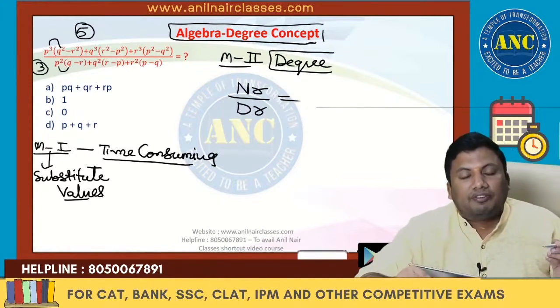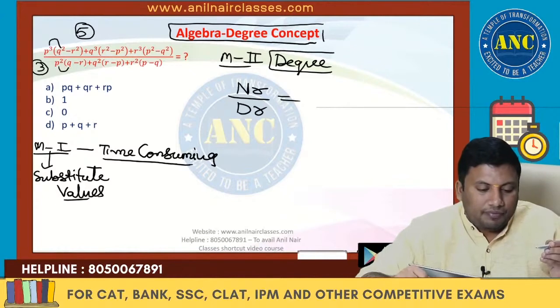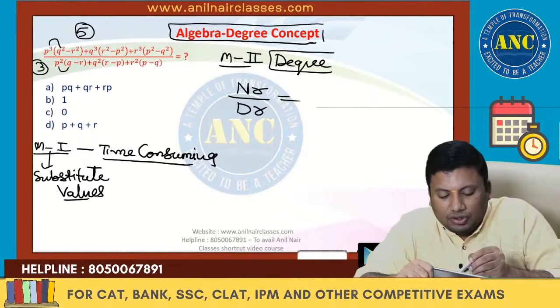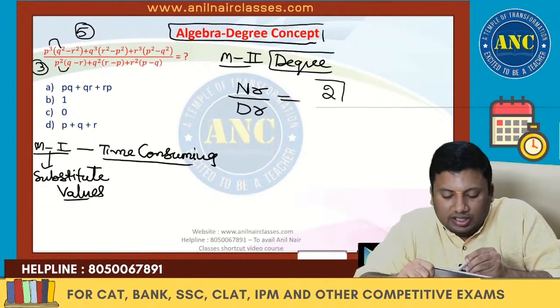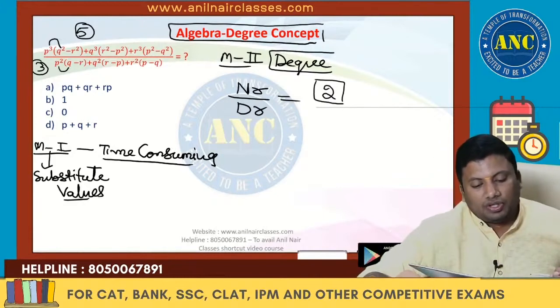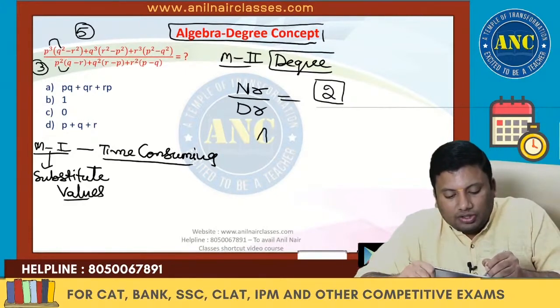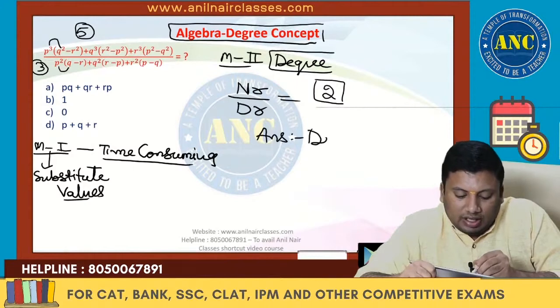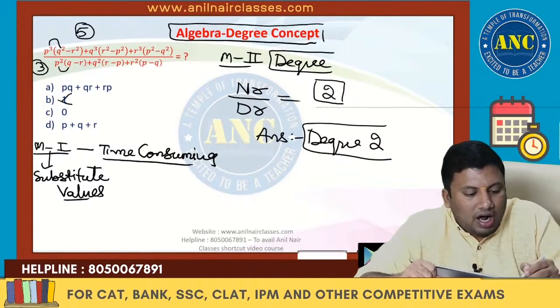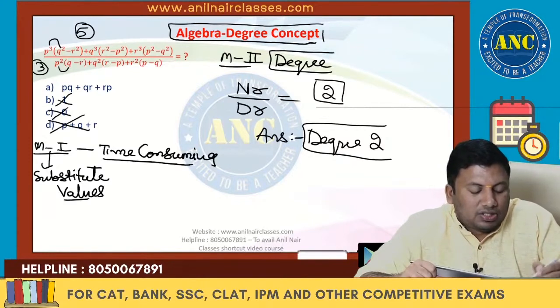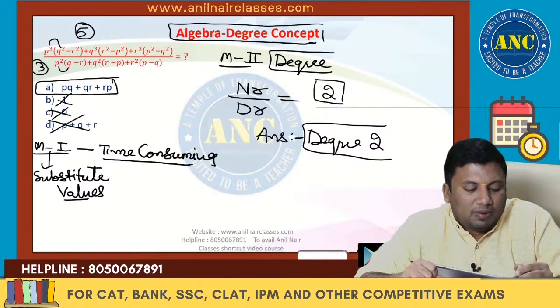If it is in the form of a rational fraction, 5 by 3. So the degree of that question is nothing but 2. Answer also the degree should be 2. Constant, P plus Q plus R degree 1, this is nothing but degree 2.